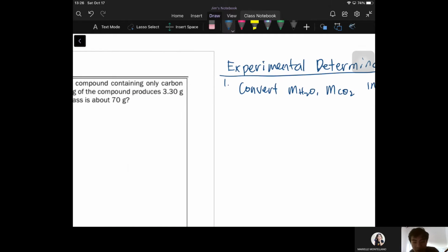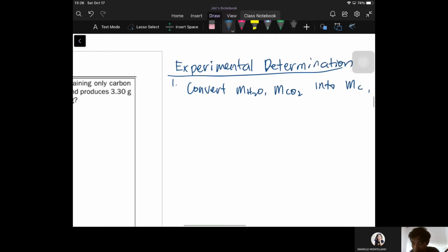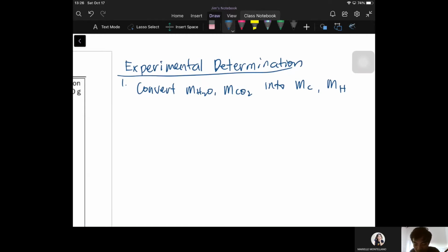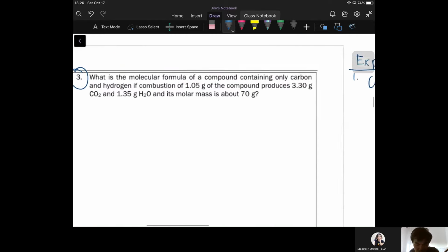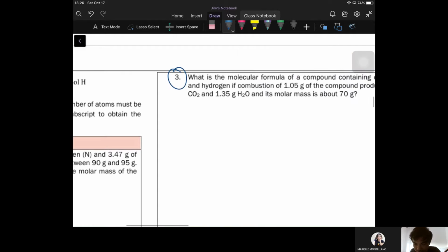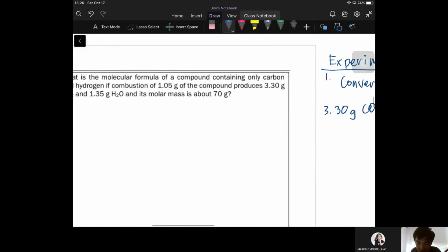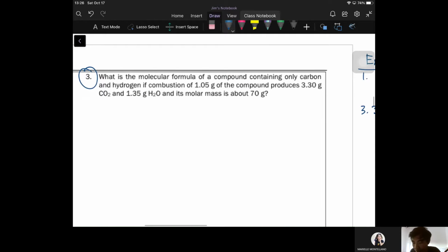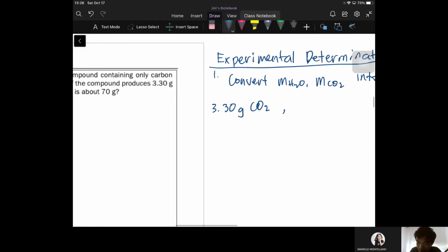Convert your mass of water or carbon dioxide into mass of carbon and hydrogen atoms. So we have here 3.30 grams of CO2 and 1.35 grams of water.